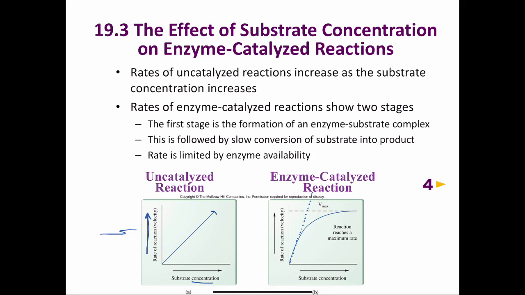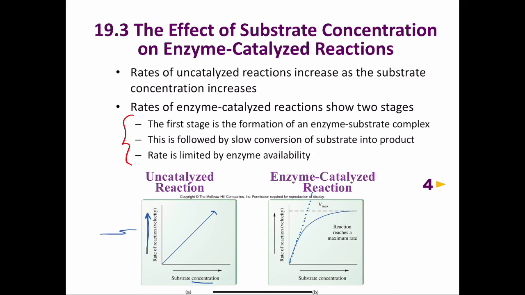Based off of this information, we can figure out that the enzyme catalyzed reaction must occur in two stages. The first stage is going to be the formation of an enzyme substrate complex. And the substrate is nothing more than the starting material or the reactant. So this is where the substrate binds to the active site of the enzyme. And this is a rapid step. So this is the fast step.